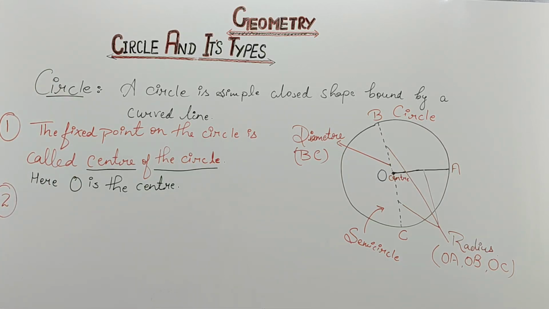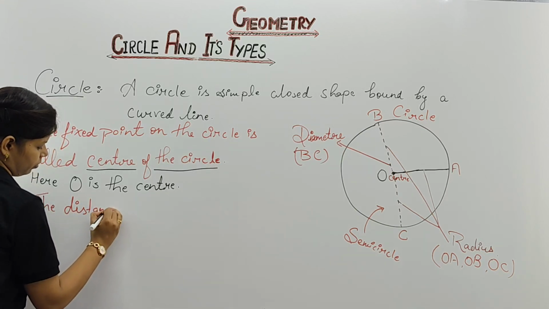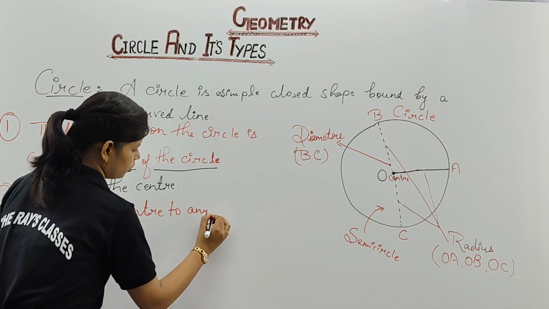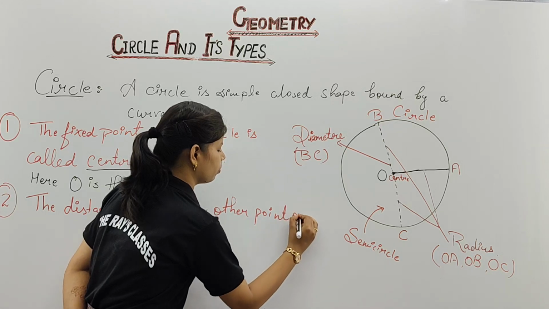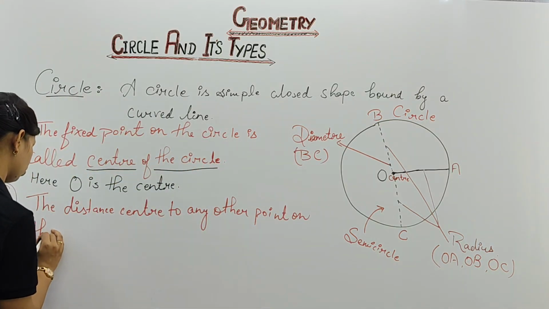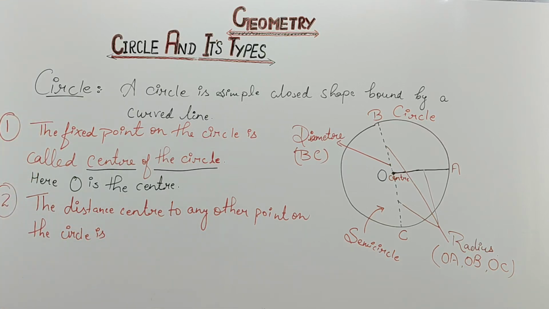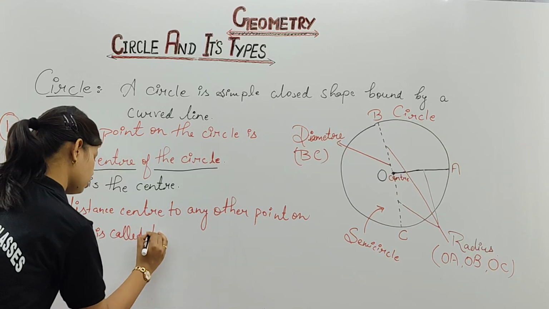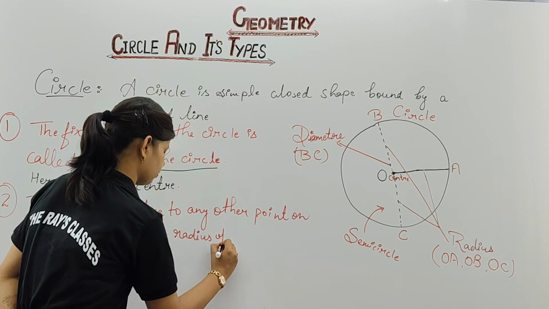What we are going to call it is the radius as well. The distance from the center to any other point on a circle is called its radius.